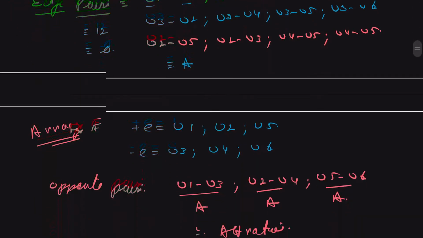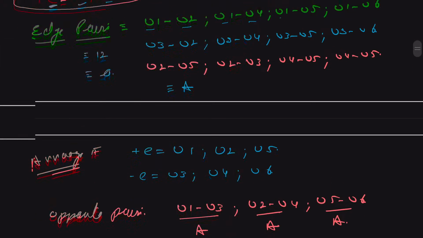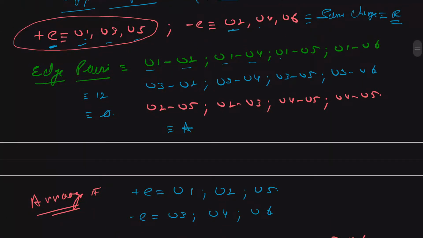And in the second case, in arrangement 2, we assumed that V1, V2 and V5 have the same charges, and V3, V4 and V6 also have the same charge but negative. So this is the major difference between the two.